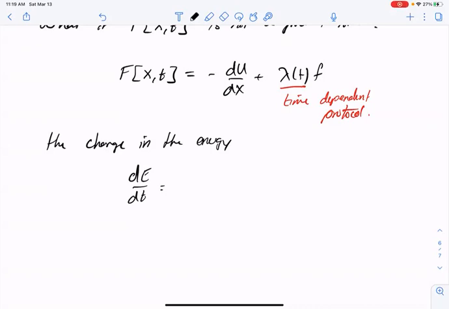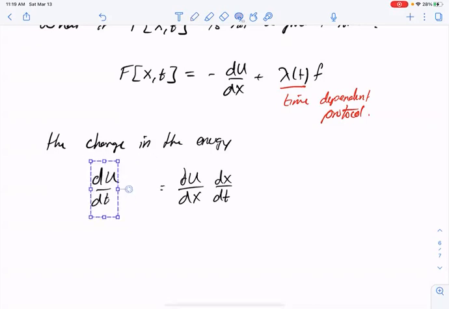The change in the energy of the system, let's use u, is both due to how u changes with x and how x changes in time. Maybe clarify that this u is a u that depends both on x and this lambda.